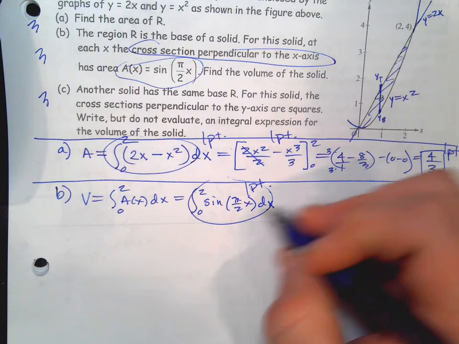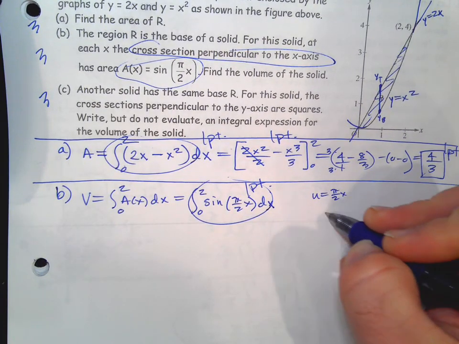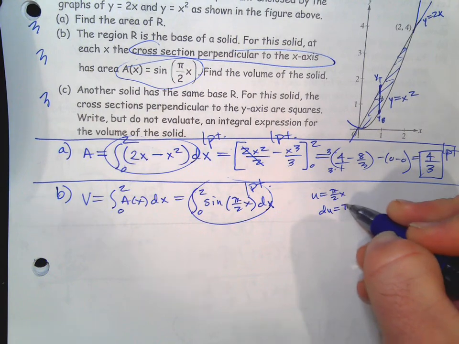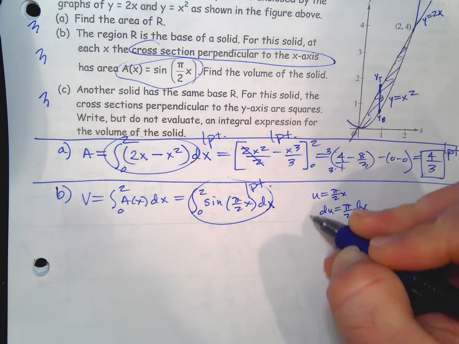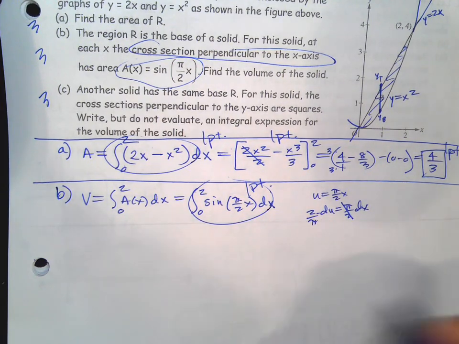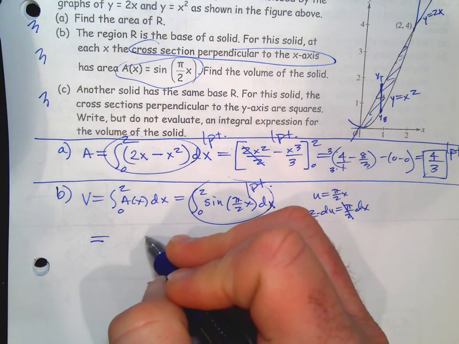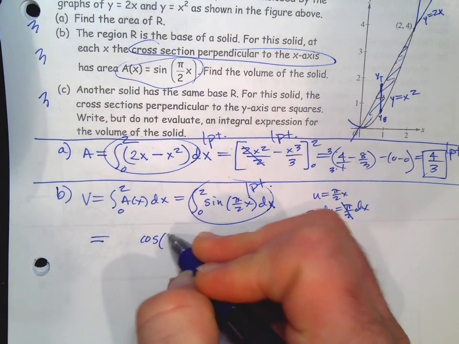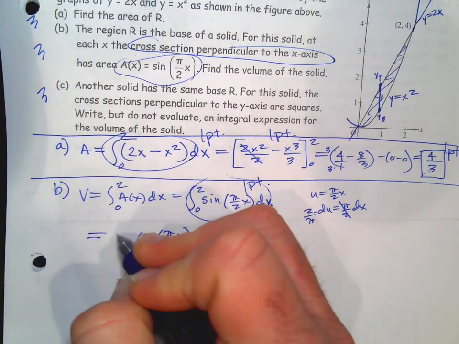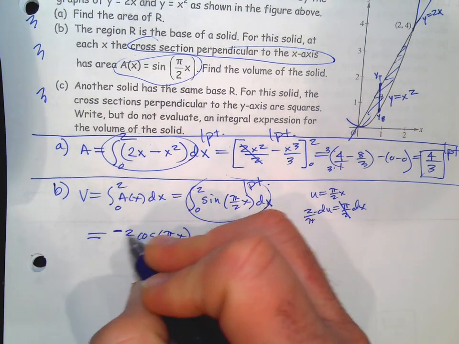Now you could do u substitution, but it's just going to be an extra number that pops out. And all the u substitution is going to do is give you that extra 2 over pi in front after you do a bunch of steps. I'd like to avoid that. I would say, okay, well, I know the antiderivative is going to be cosine pi over 2x. It's got to be negative, but it's going to give me an extra pi over 2 in front that I don't want, so I need a 2 over pi to counter it.